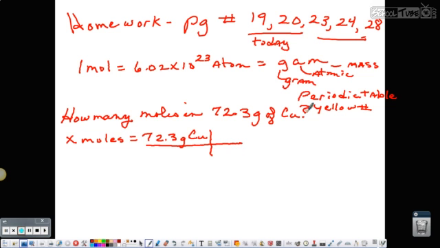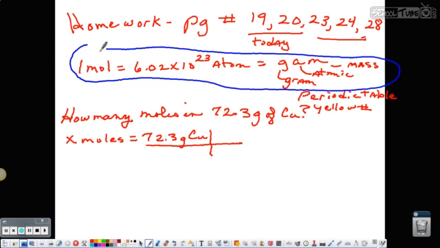Now, go back up to your original equality, which is right there. What do I need to get rid of? I need to get rid of grams. Which one of these three equalities has a G in it? Well, there it is, right there. Gram atomic mass. Where do I find the gram atomic mass?